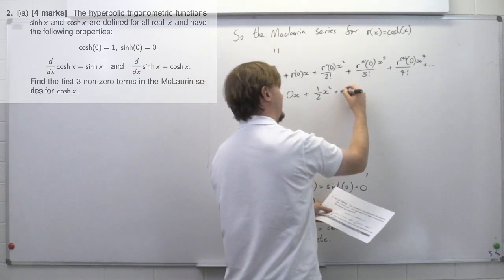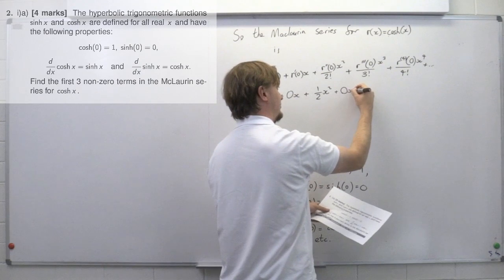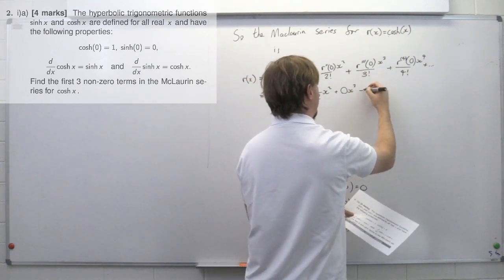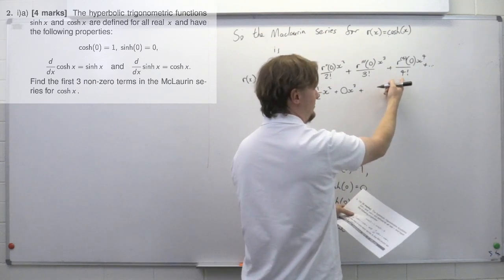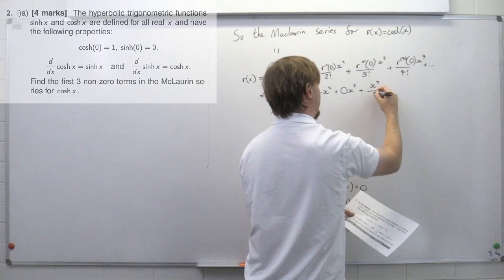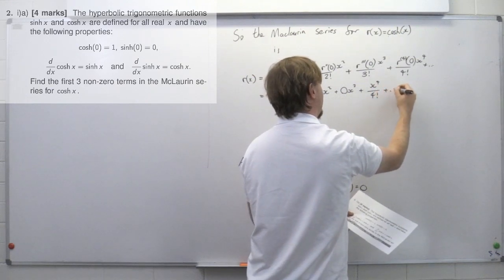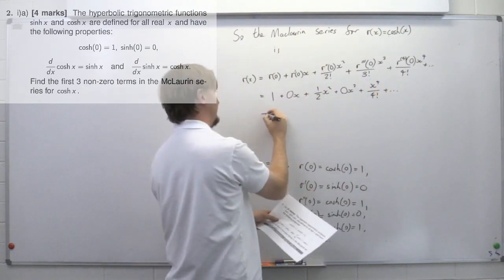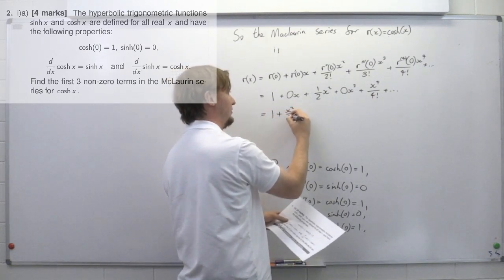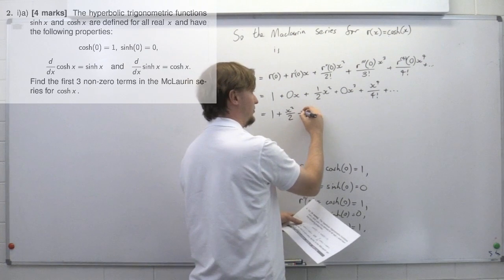There is not going to be a cubic term, so it's 0 times the cube. And I might leave that 4 factorial the way it's written and write it as x to the 4 over 4 factorial. And there are other terms. And I think it's polite to write this slightly neater, getting rid of the terms which are actually not contributing.